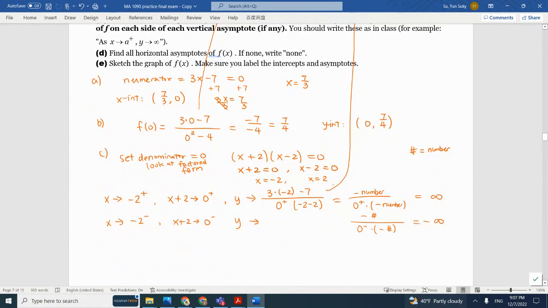All right, next one, x goes to 2 from the right. This corresponds to the factor x minus 2.